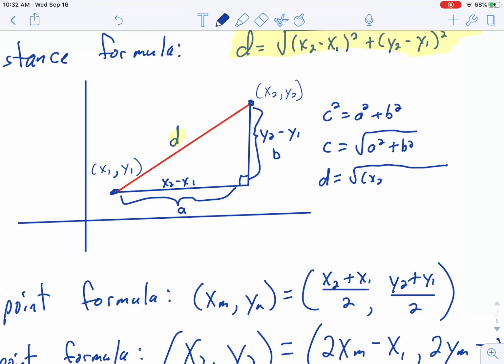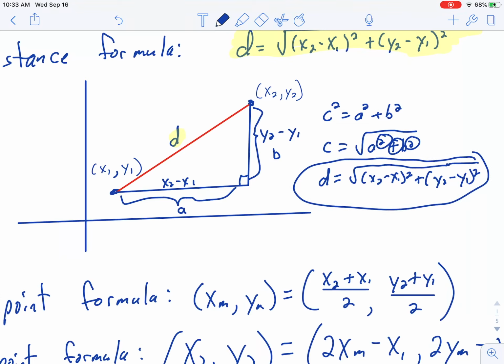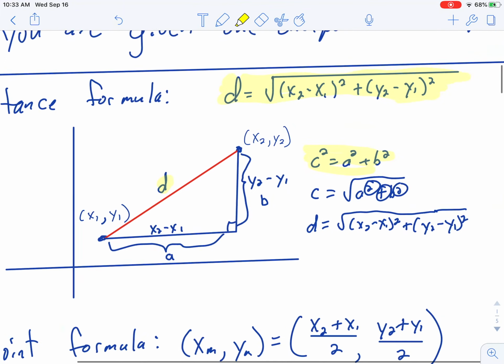So x2 minus x1 squared, plus y2 minus y1 squared. So this formula is really the Pythagorean theorem, which I'm sure you're familiar with. You can't make it this far into mathematics in school without knowing the Pythagorean theorem. So that's it. The distance formula is just a really screwed up looking version of the Pythagorean theorem.